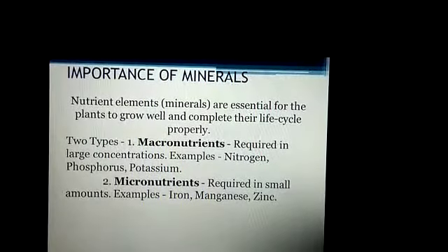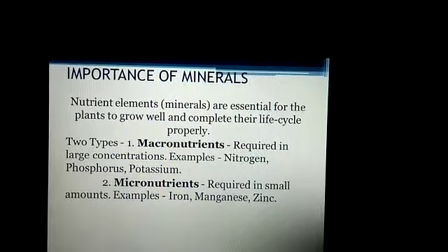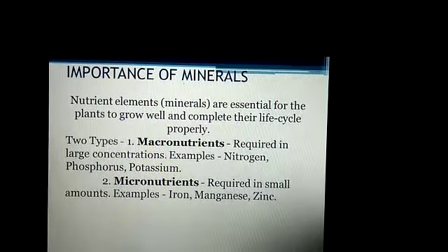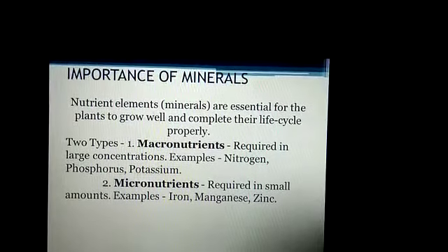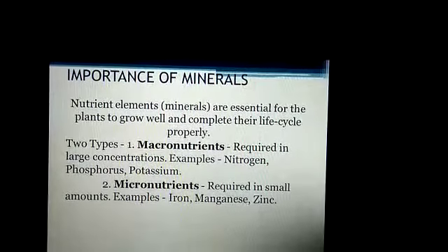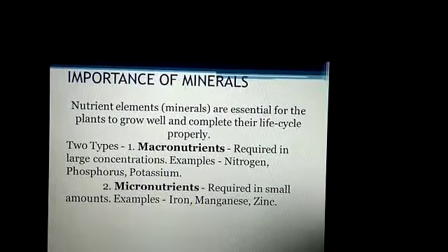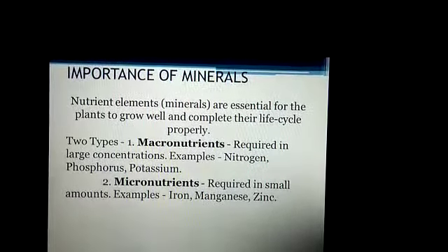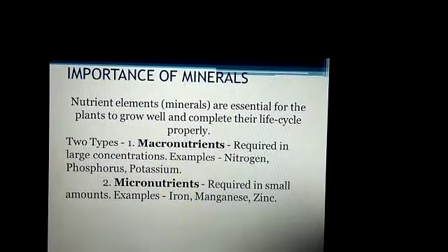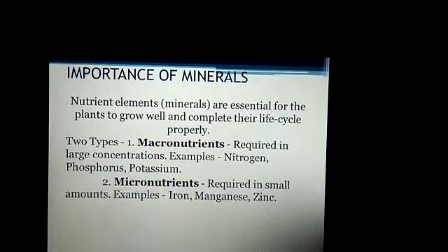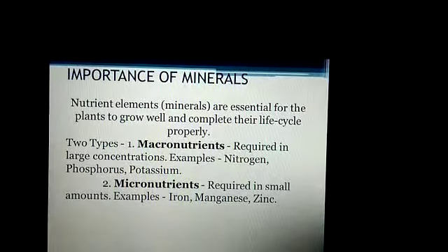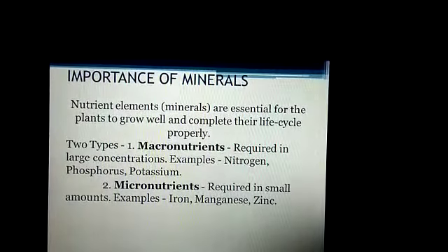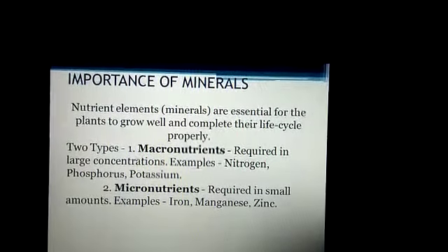Macro means large. The nutrients which are required in large concentrations are called macronutrients. Examples are nitrogen, phosphorus and potassium. And this group of macronutrients is called NPK. N for nitrogen, P for phosphorus and K for potassium.